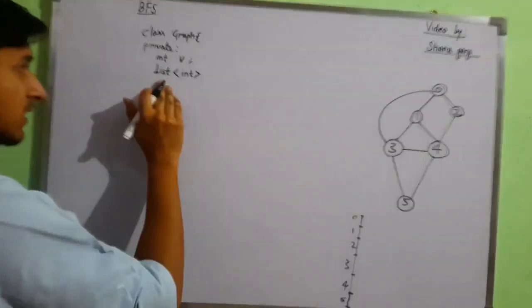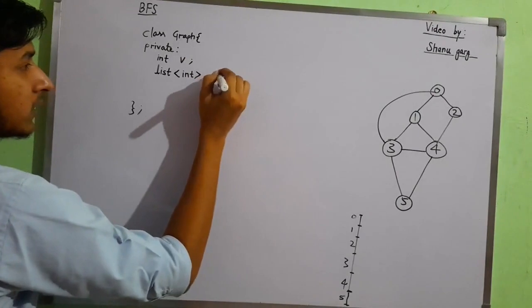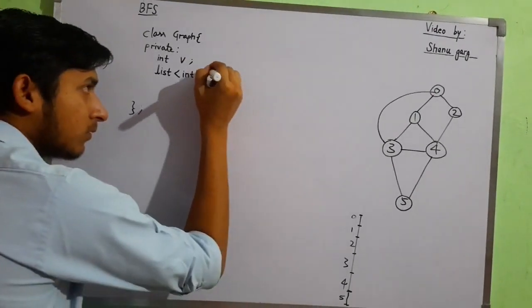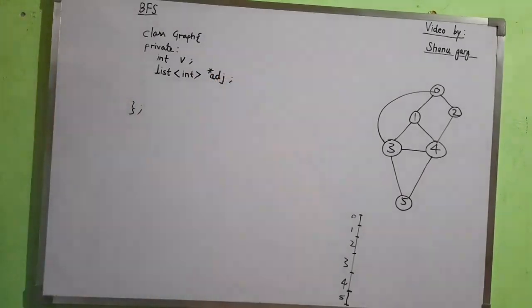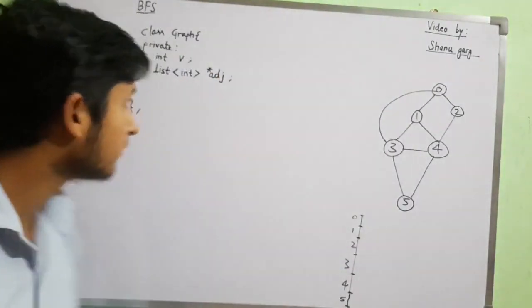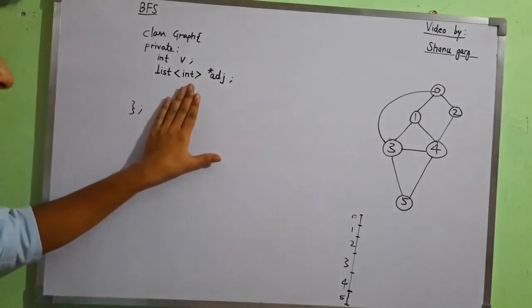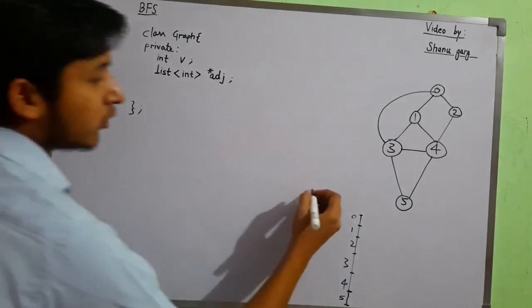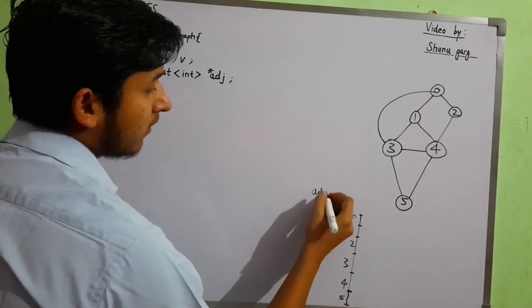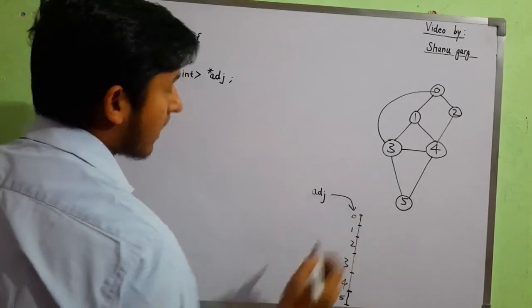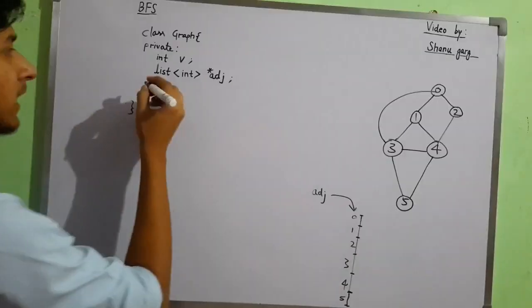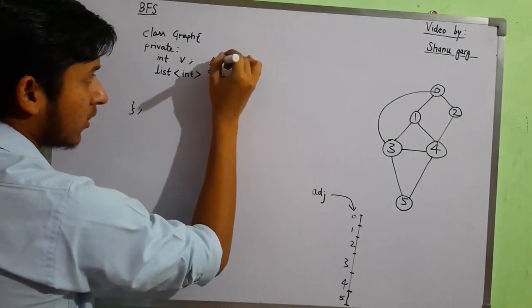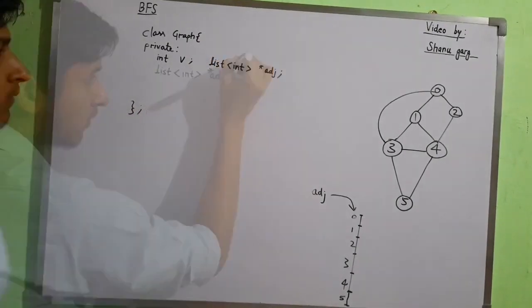So the list is this. Is it clear now? This is a pointer to this list. So ADJ will point to this list.